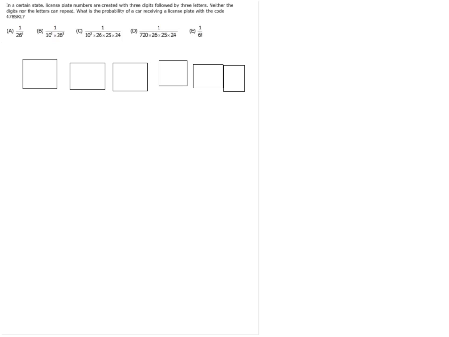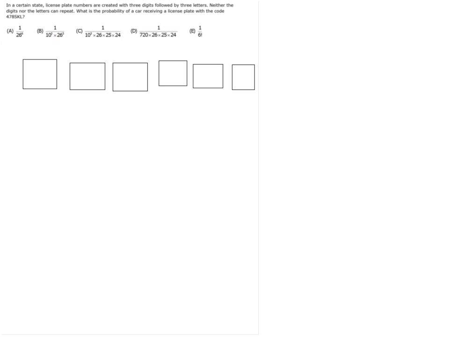Okay, guys, let's talk about this. So it says in a certain state, license plate numbers are created with 3 digits followed by 3 letters. And so we can create this little box structure again, 3 digits and 3 letters for a total of 6 things, to be totally articulate here.